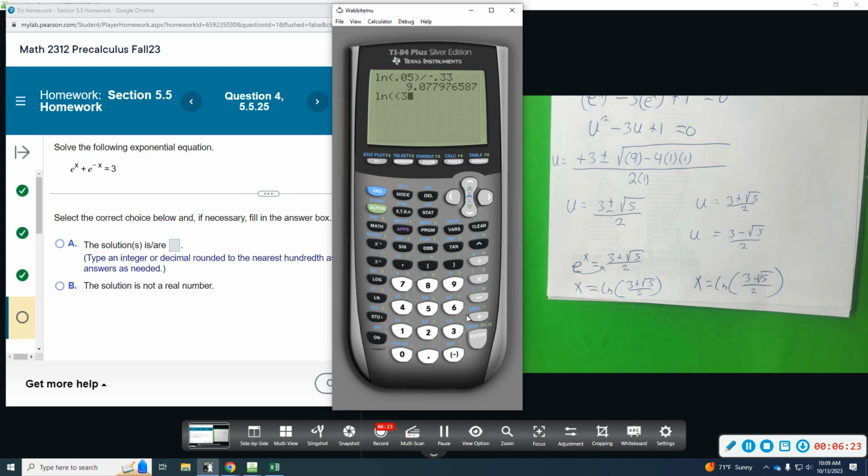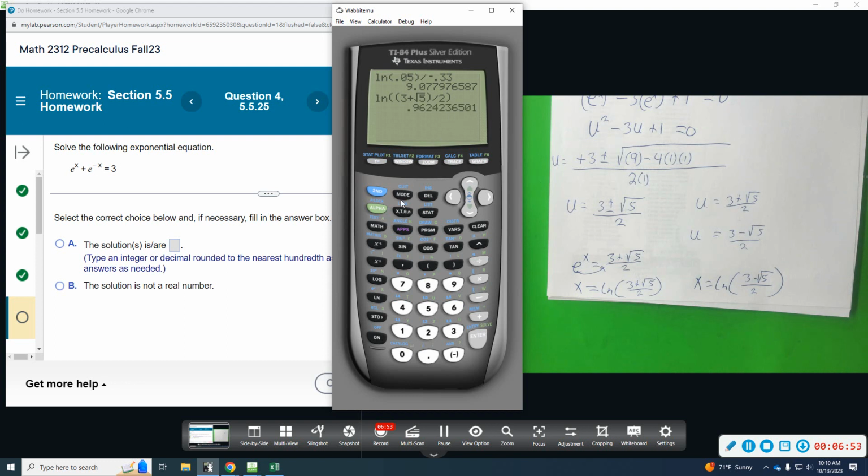So we'll do 3 plus second square root of 5, and then close. You've got to get the numerator all together and then do divided by 2. If you don't do that, the calculator will invoke order of operations and automatically do square root of 5 divided by 2 first, and that's not what we want, and you'll get an incorrect answer. So be careful with how you input it into the calculator.